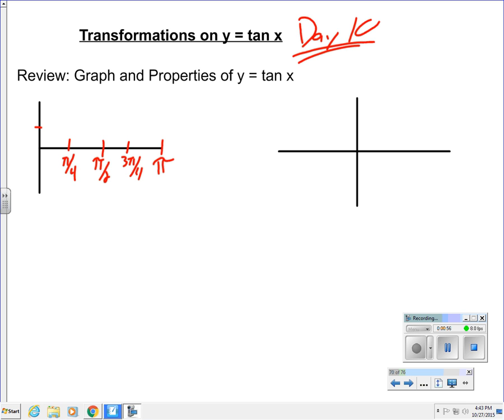Mark off 1, -1 on the y-axis, and then we count out our 5-point pattern. So we start at 0, we go to A, then we have a vertical asymptote at 90 degrees or pi over 2 radians, and -A, and back to 0. So going up along the asymptote, then coming down on the other side of the asymptote.